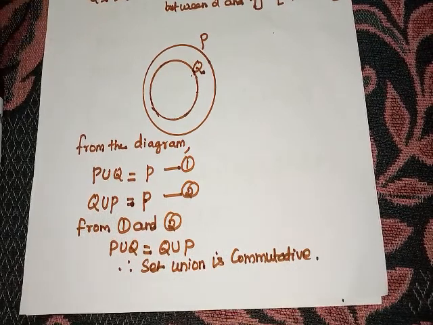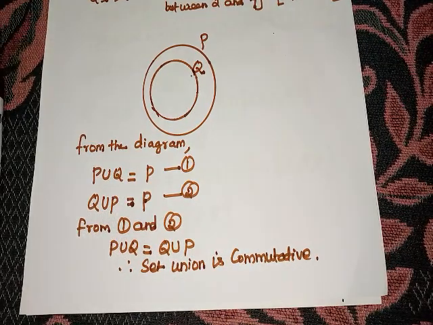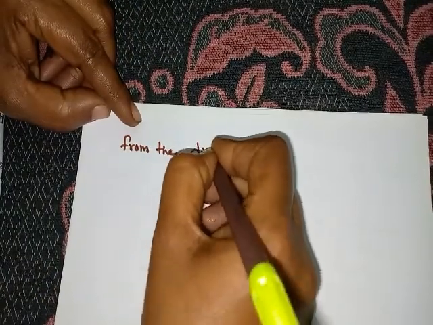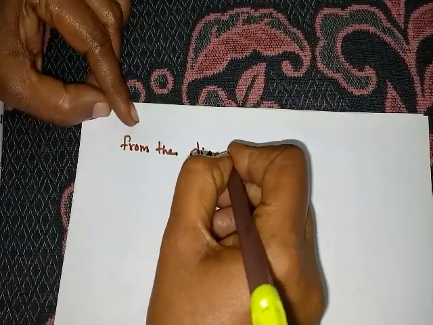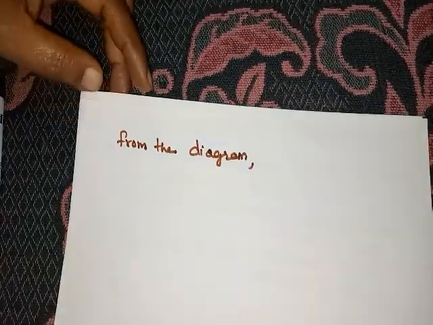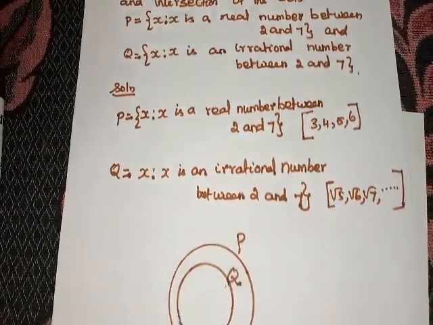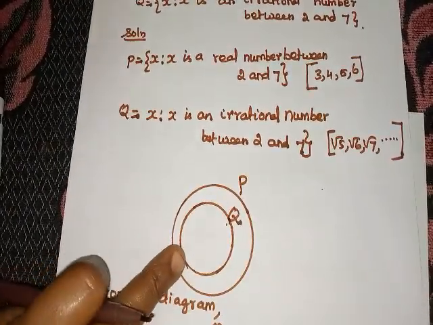Similarly, we have to show that set intersection is commutative. For that, let's use the same diagram. P is the greater set and Q is the smaller set.